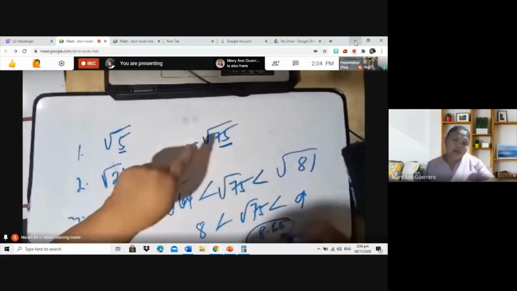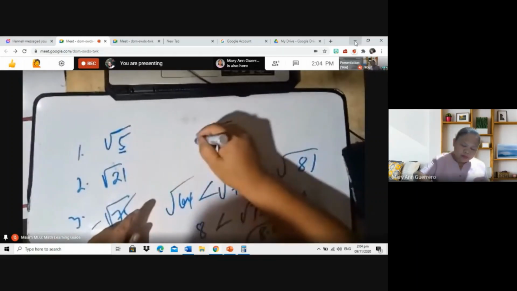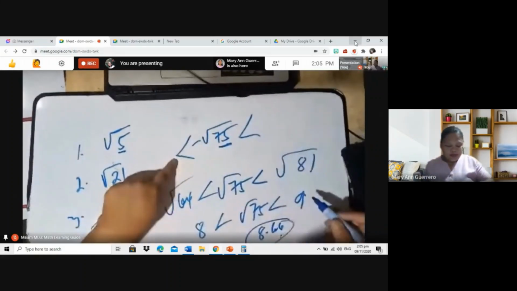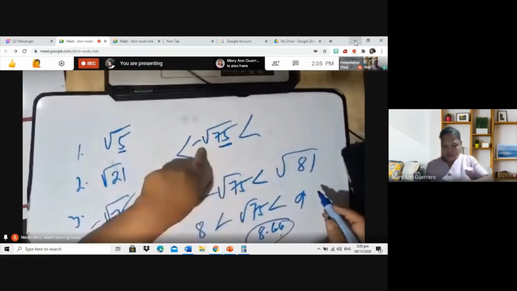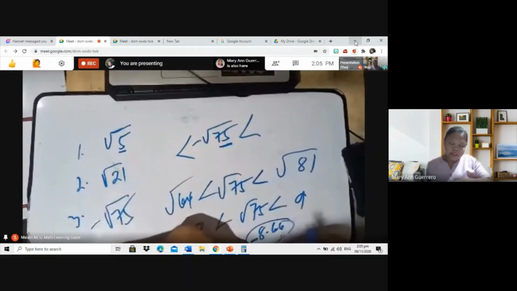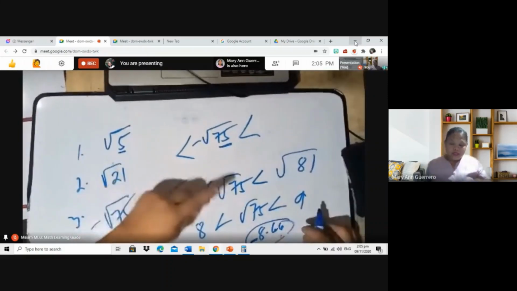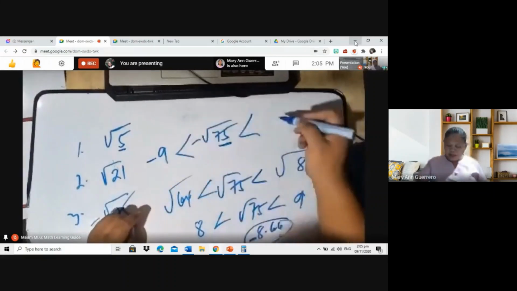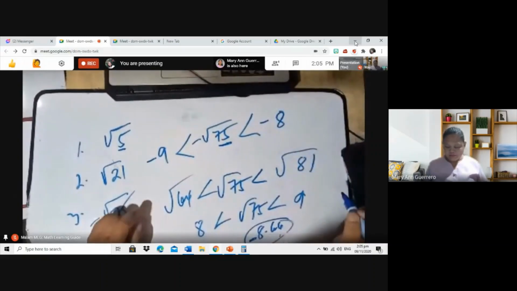Kaya lang negative siya. So, paano yun? So, kailangan kasi greater than, kung kukuhanin natin kung negative ito, edi magiging negative 8.66. So, ibig sabihin nun, si negative 8.66 ay greater than negative 9 but less than negative 8. Okay?